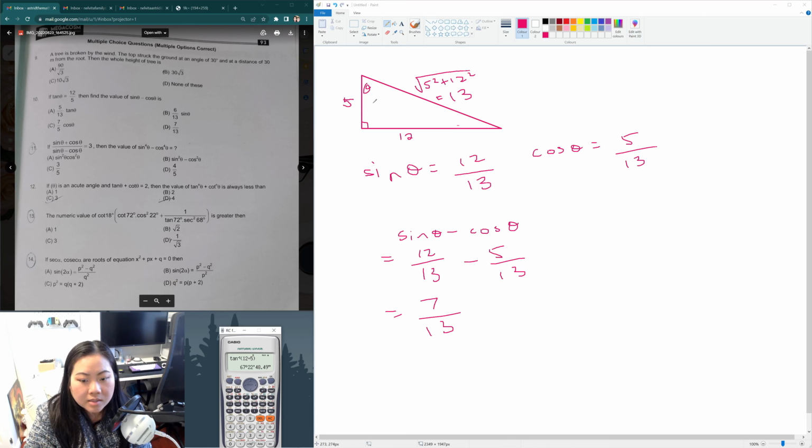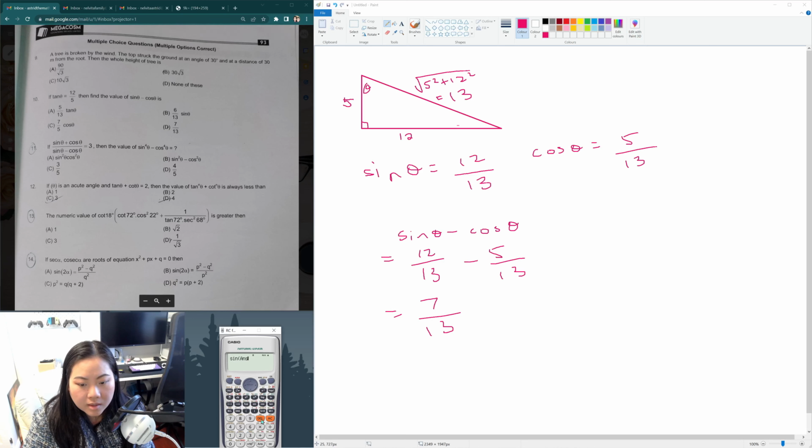That theta there is 67 degrees, 22 minutes and 48.49 seconds. And then we just go sine answer minus cos answer equals, and we should get 7/13. There we go. Nice. Moving on.